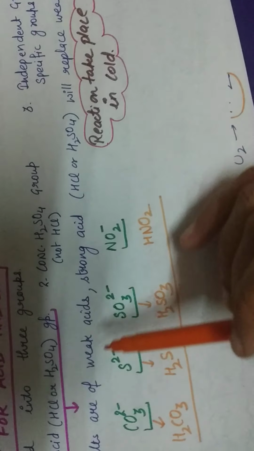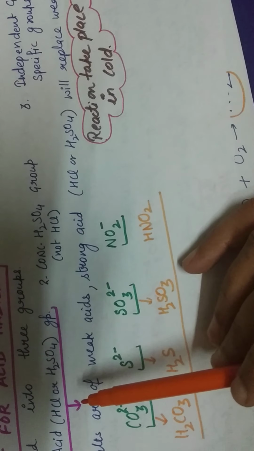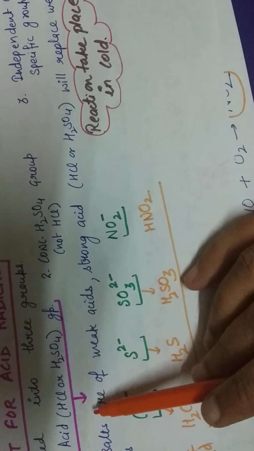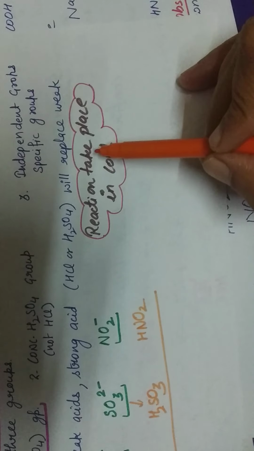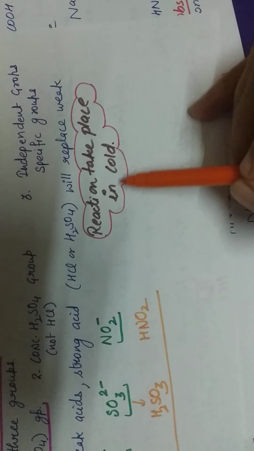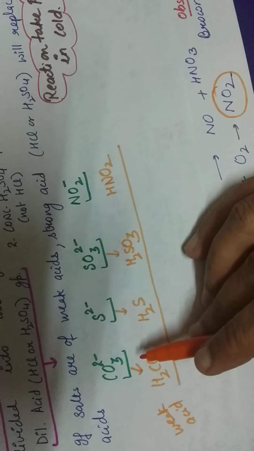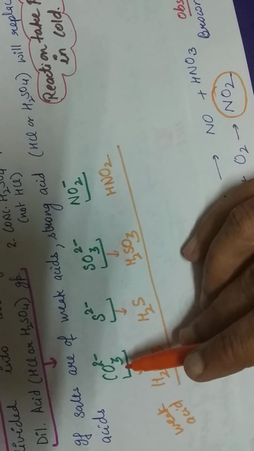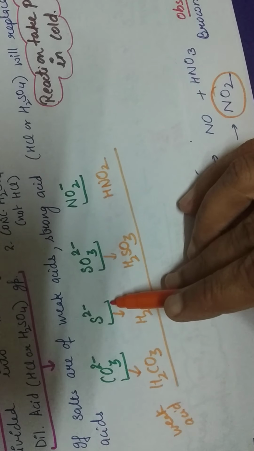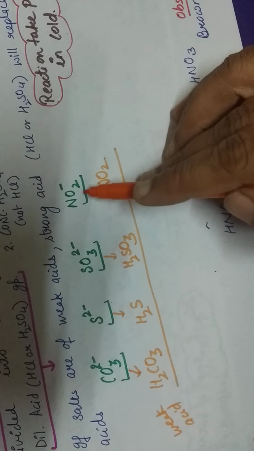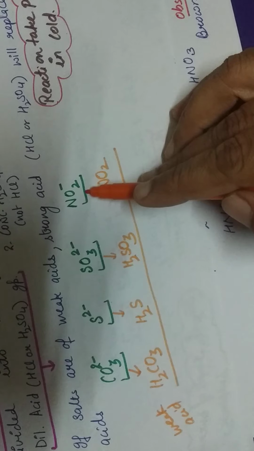And the second thing to keep in mind is that when we carry out the test for the first group, the reaction should take place in cold, no need to warm the reaction mixture. So the radicals that come under the first group are carbonate, sulfide, sulfite, and nitrite ions.